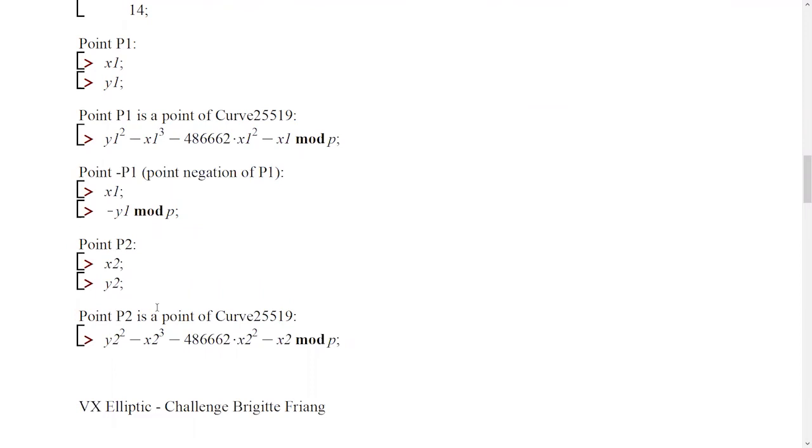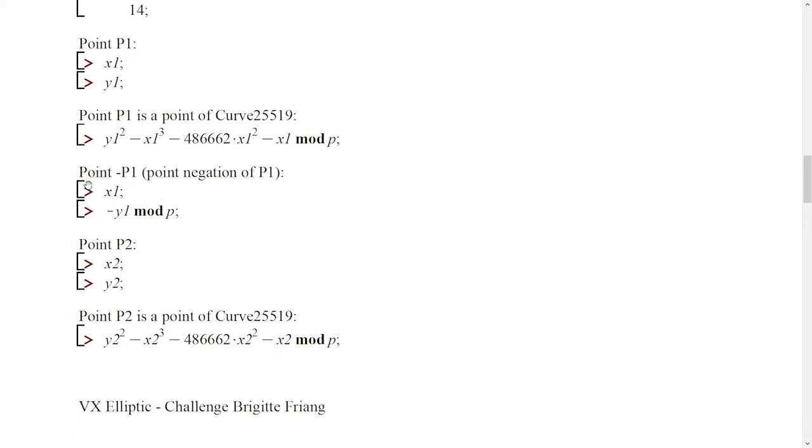So now we have all the points that we need to write our challenge. Point P1 with coordinates x1, y1. We can verify that this point is a point of curve 25519. We have the point negation of P1, x1 and minus y1 modulo p.